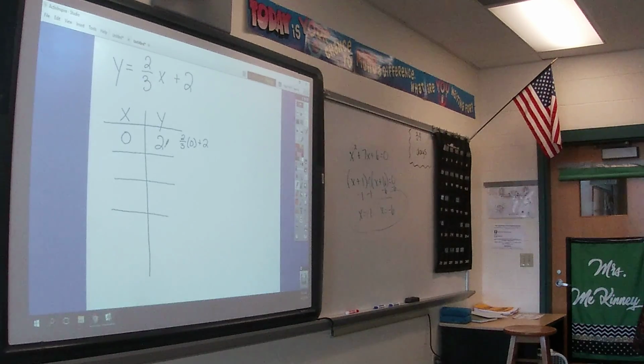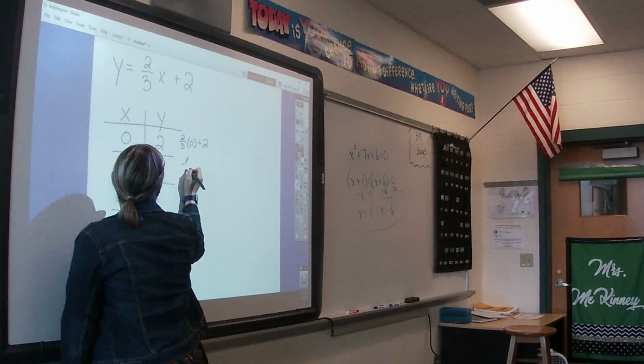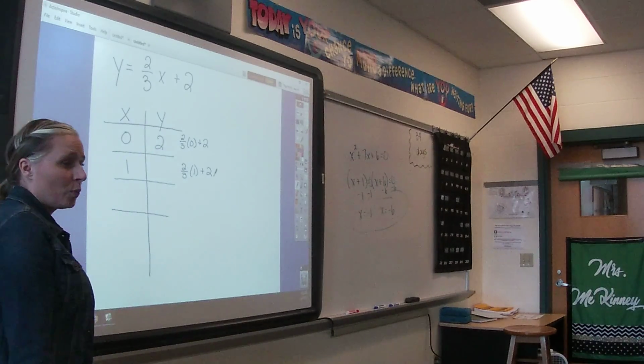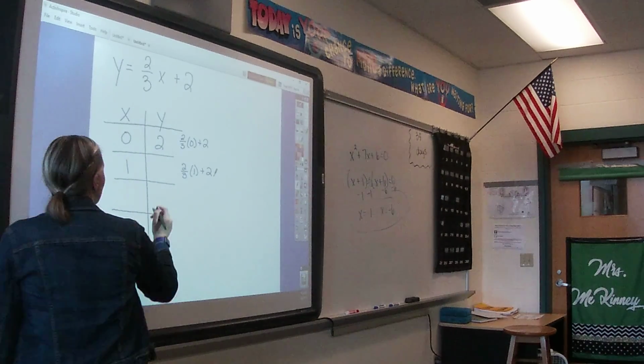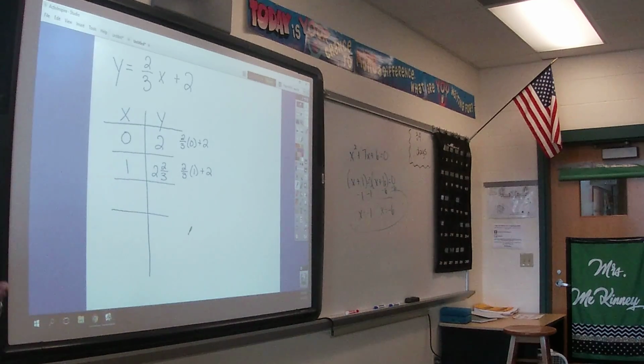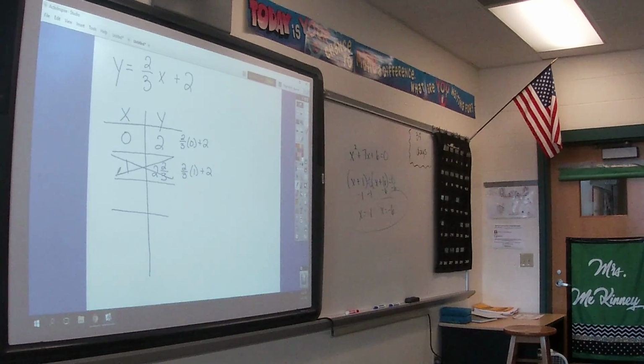What number do we want to plug in next? Okay, so if we plug in 1, 2/3 times 1 plus 2, use your calculator, whatever, we'll get out 2 2/3. Does that meet our requirement? Nope. There's a fraction, so we can't use that.